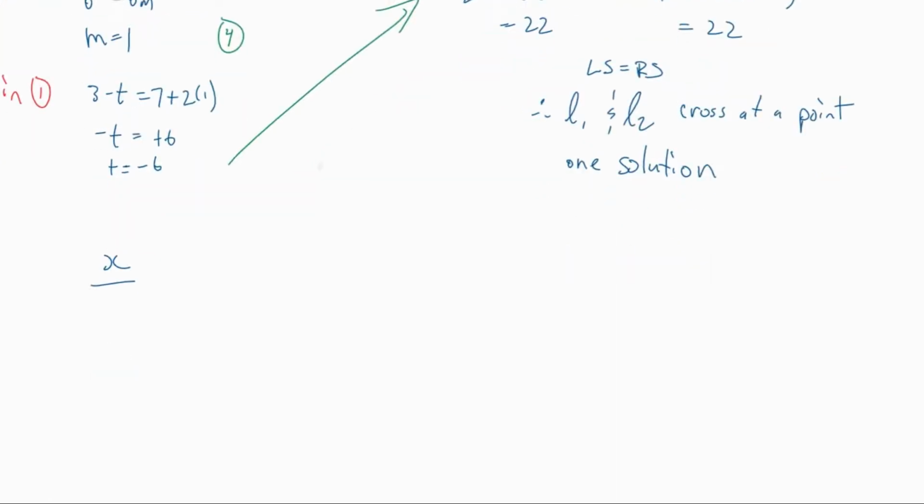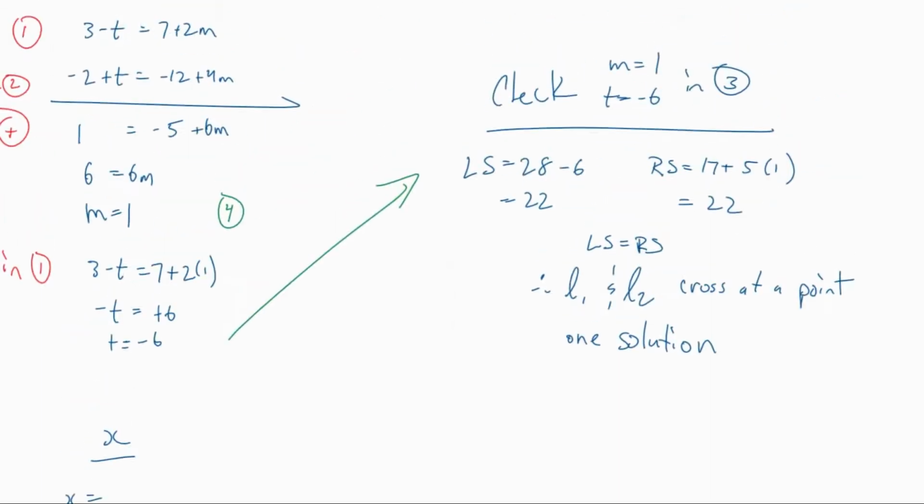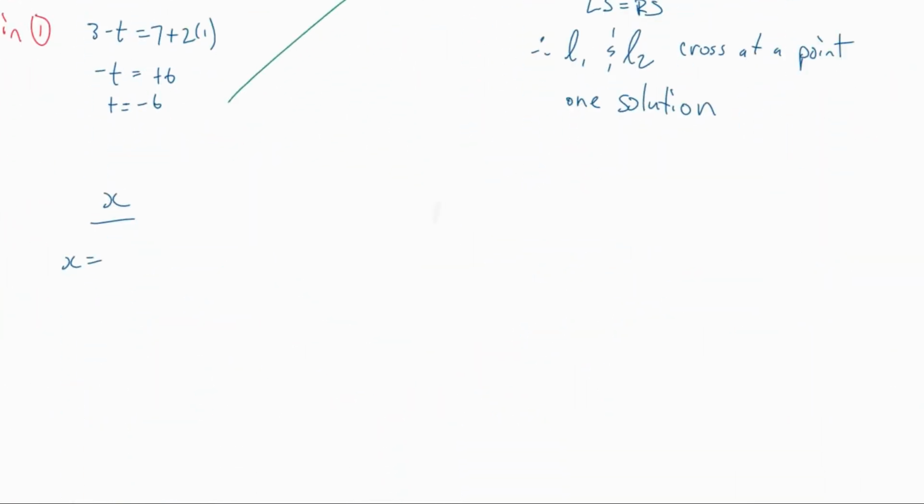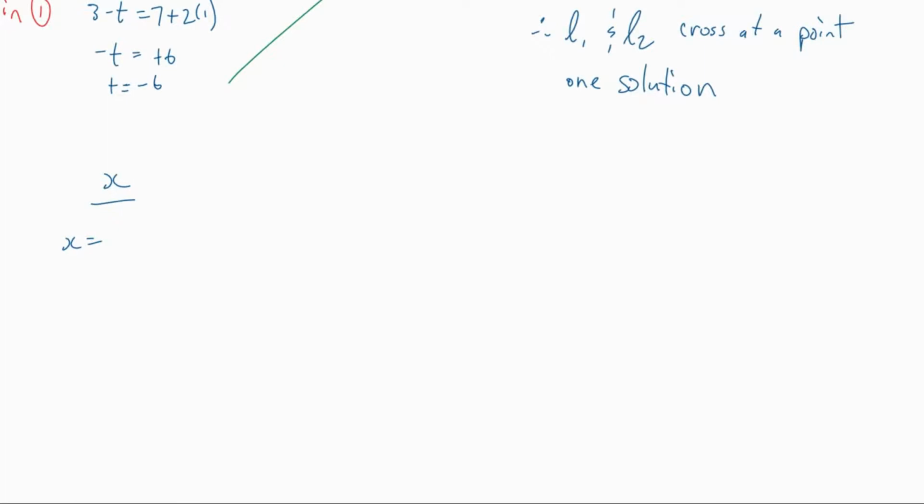Well, I just find the x, and it doesn't matter which of the equations I use because I know it's going to satisfy both. So I can use line 1 or line 2. Okay, so in line 2, I've got x is 7 plus 2 times m, where m is 1, which is 9.